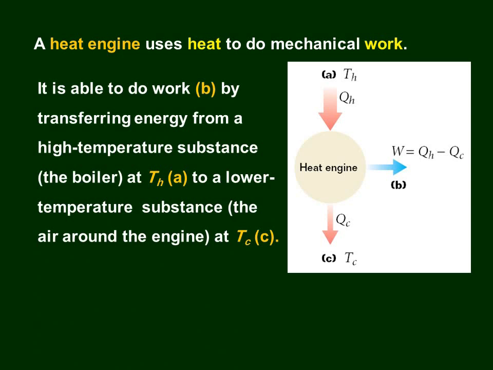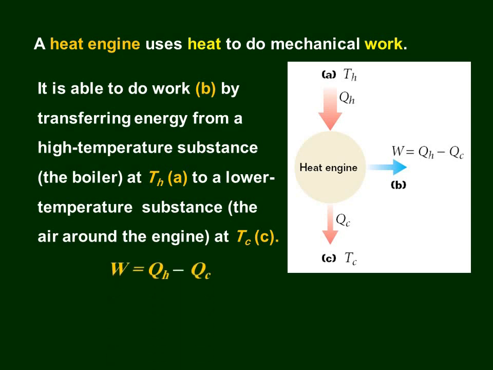How? By transferring energy from a high temperature substance, the boiler here at T high, to a lower temperature substance, the air around the engine, at Tc or T cold. The difference between the heat gained and the heat lost is the work done.